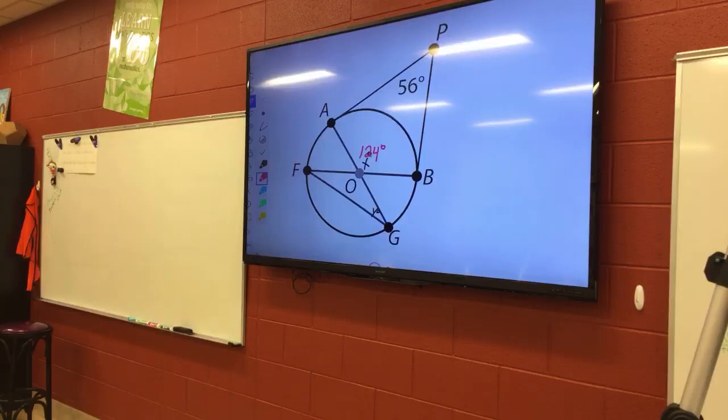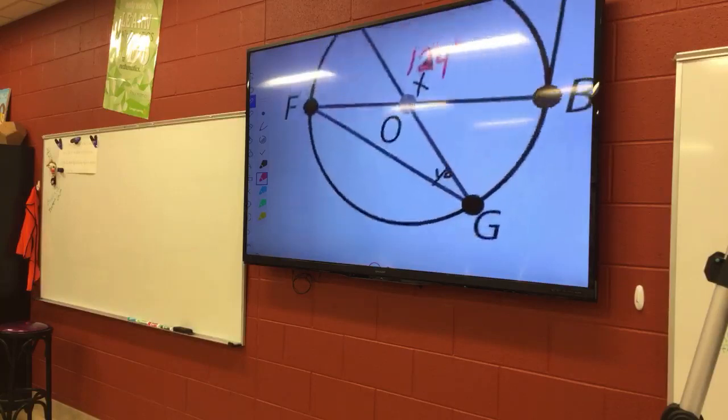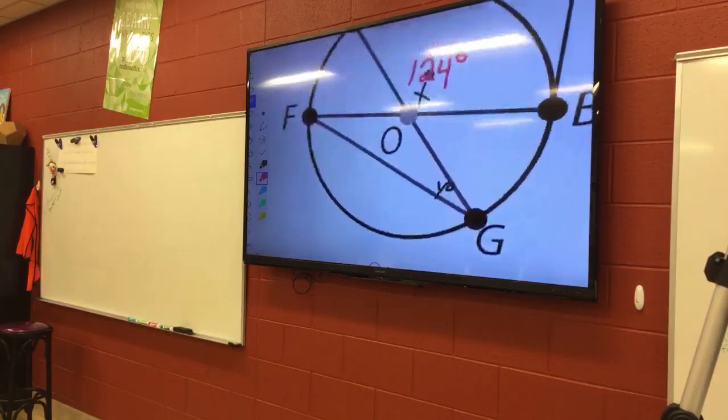How do I find Y? Since it's a vertical angle, you can flip 124 to the other side. So this is 124 degrees also, because those are vertical angles, right?